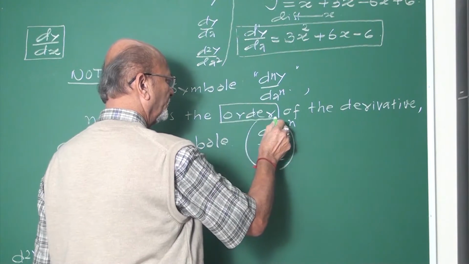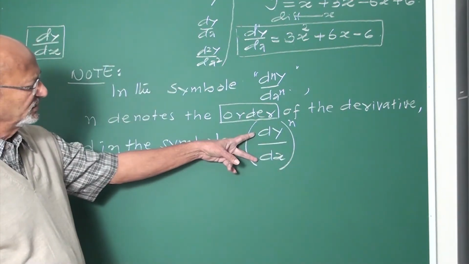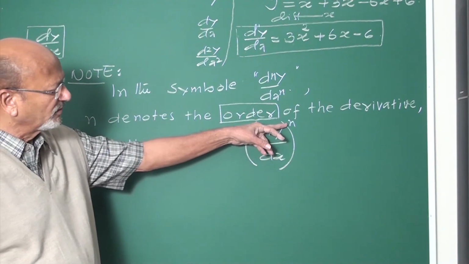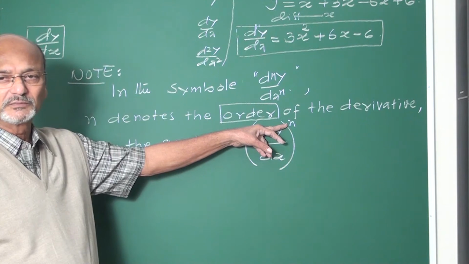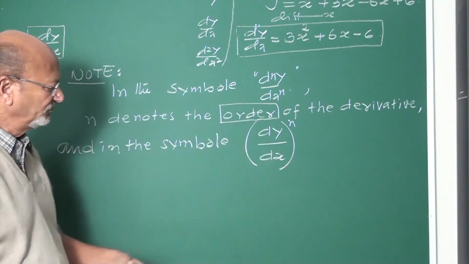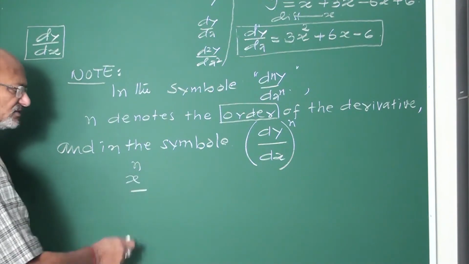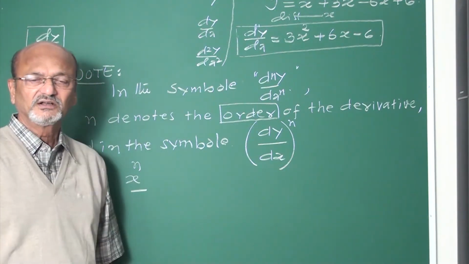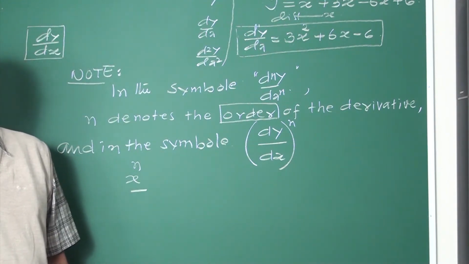The basic we need: order of the derivative. But what about dy by dx to the power n? The power n is always, from the basics, nothing but degree. If it is x to the power n, as we tell in polynomials, the power of x is n, means the degree of x is n.